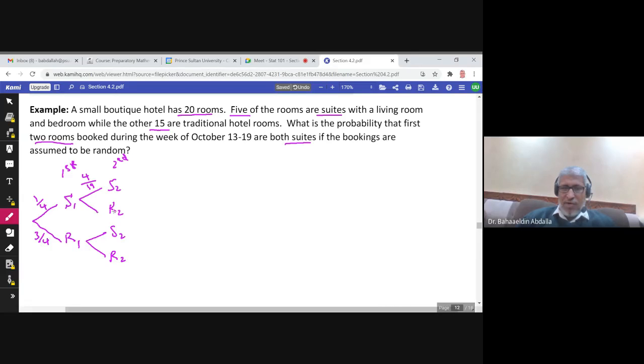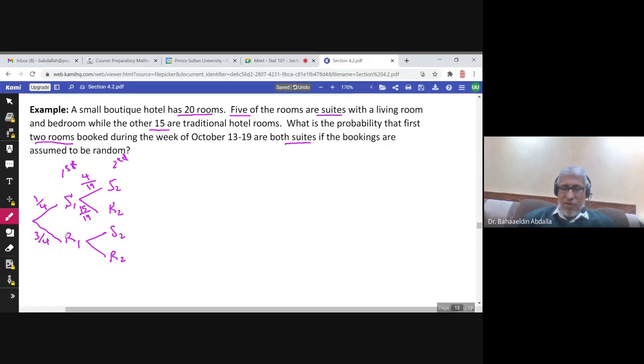Probability of R2 given S1, 19 in total, and I still have 15 rooms. You can select any one of them. Here, of course, if you add 4 plus 15, you get 19 over 19, which is 1. So pay attention to this.